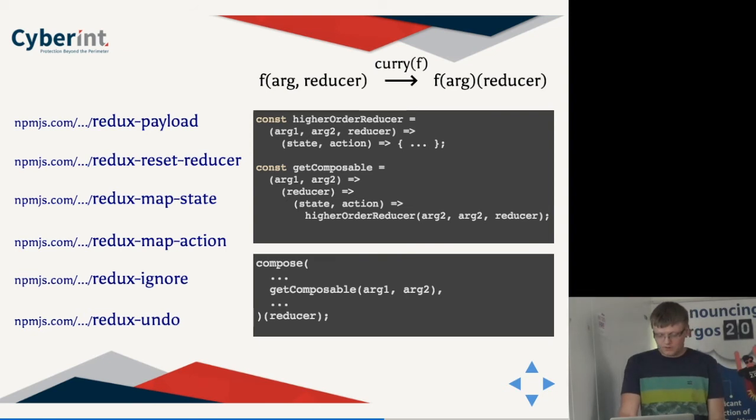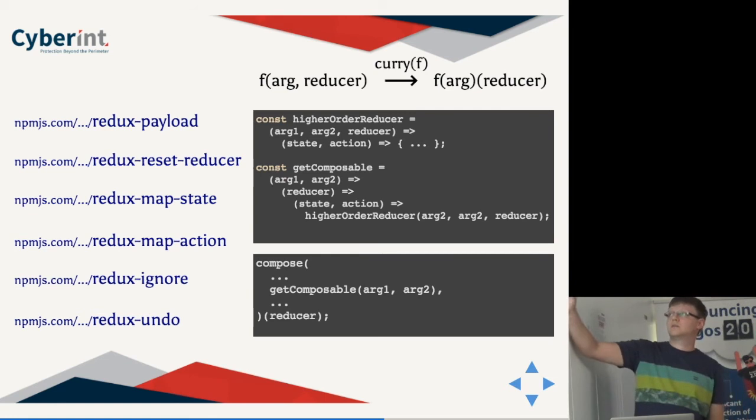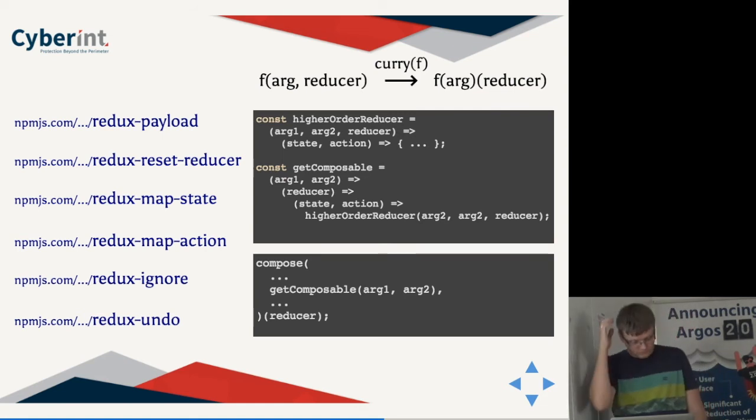But there's no problem. We can always use the curry function from any functional library that just changes the signature. So it curries the function: it makes it from a several-arguments function into a sequence of functions, so you can apply arguments one by one.